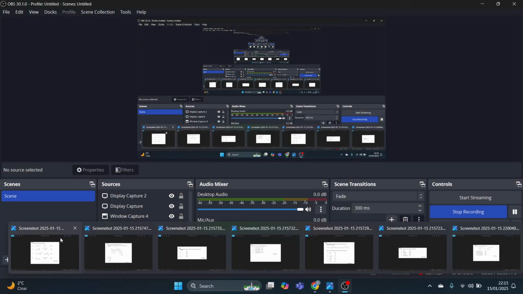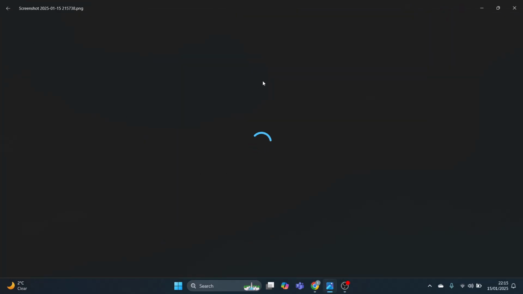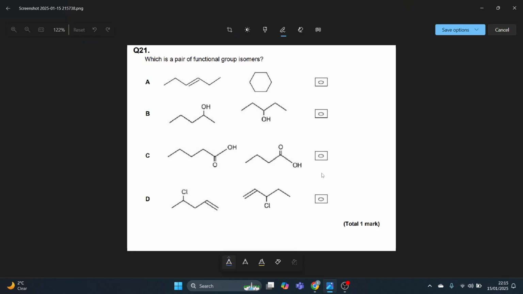Before I carry on, what I'd recommend is, when you're on the multiple choice section of the chemistry exam, put your hand up and ask in the exam hall for spare paper. Some multiple choice questions involve numerous calculations, but those aren't too difficult.